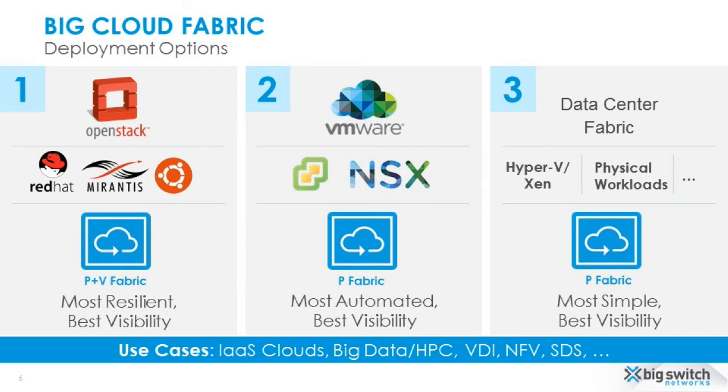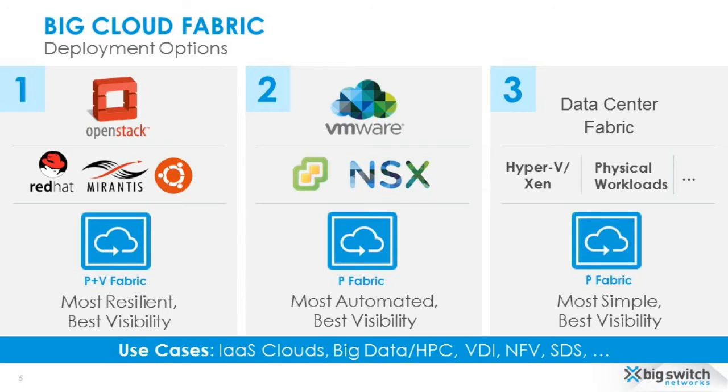But for those of our attendees joining us for the first time, BCF, or Big Cloud Fabric, is a leaf-spine cross fabric solution, and it is available in two specific editions. The first one is the P-Fabric edition, which is a leaf-spine physical cross fabric controlled by the Big Cloud Fabric SDN controller. In this case, the SDN controller manages, provisions, deploys, and handles pretty much all the troubleshooting, but the controller is controlling the physical fabric, which is your top-of-rack physical switches and your spine switches.